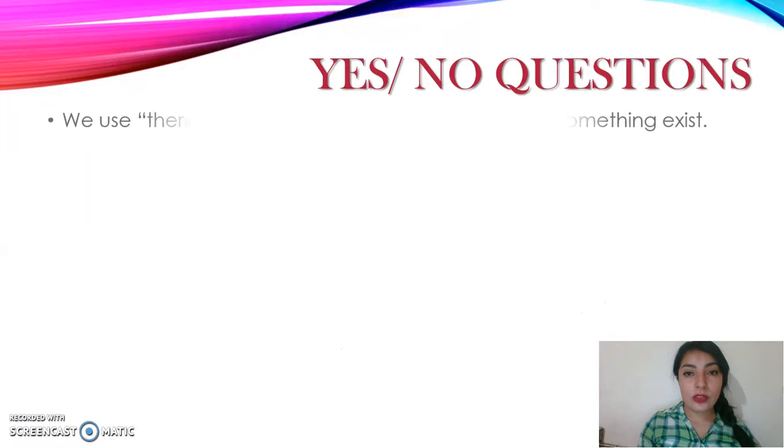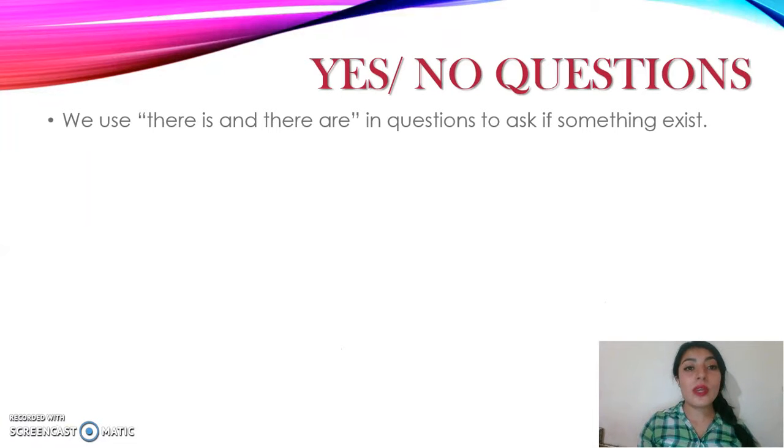Then we continue with yes/no questions. We use there is and there are in questions to ask if something exists. The structure is like a positive sentence, but we change be and there. So now there comes after be.